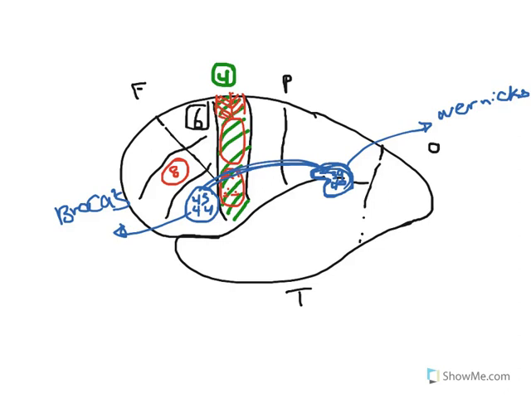And now we will shift to the parietal lobe and discuss the different areas on the cerebral cortex of the parietal lobe.